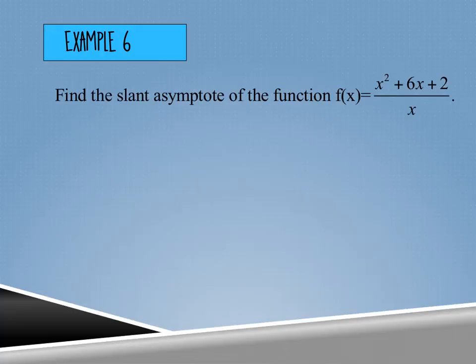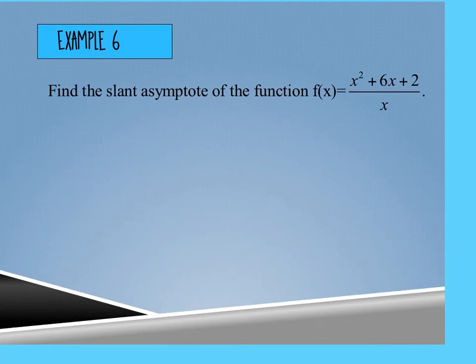All right, so this one just says find the slant asymptote of the function x squared plus 6x plus 2 over x. The fact that this is 2 and this is 1 tells us there is a slant. And then to divide it, we would just do the numerator divided by the denominator, which is missing the constant, so it'd be x plus 0. So then first times first, x times both of these, x squared plus 0x.